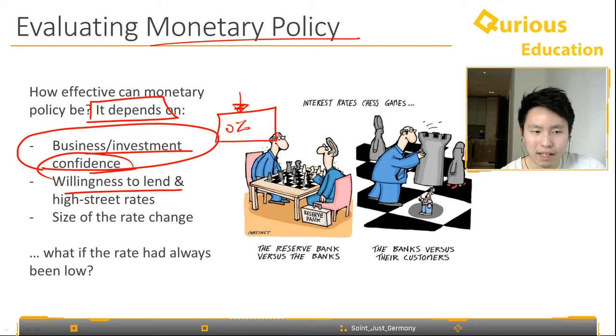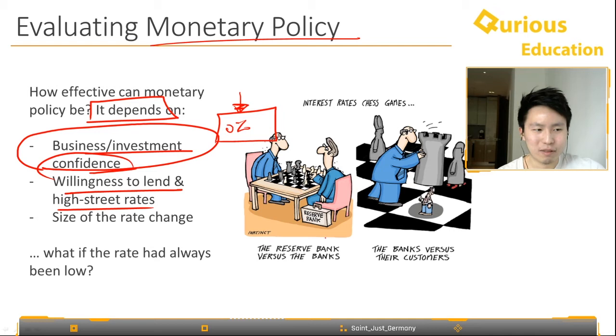And then we want to look at the willingness of banks to lend. In general, banks want to save their own skin during a recession. I was just about to say save their own something else, but okay, let's avoid that. So as a result, they might not actually lend money or credit to consumers and businesses, even though the interest rate is very low and even though the government wants them to lend.